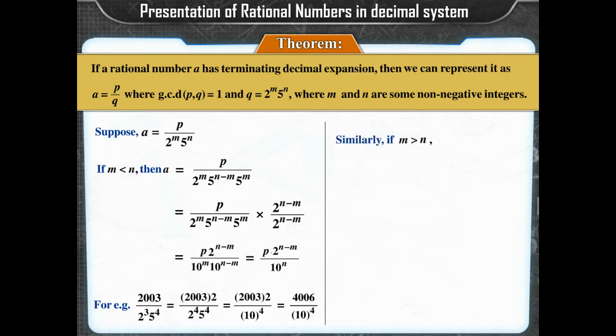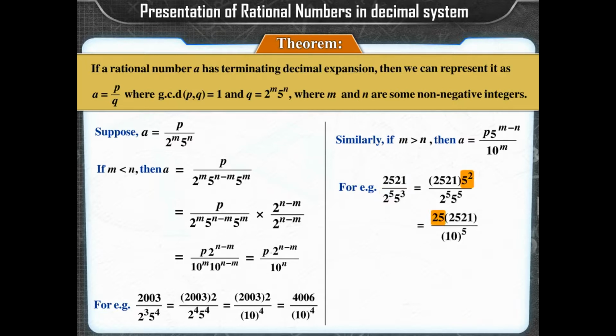Similarly, if M is greater than N, then A is equal to P 5^(M minus N) upon 10^M. For example, 2521 upon 2^5, 5^3 is equal to 2521 into 5 square upon 2^5, 5^5, which is equal to 25 into 2521 upon 10^5.